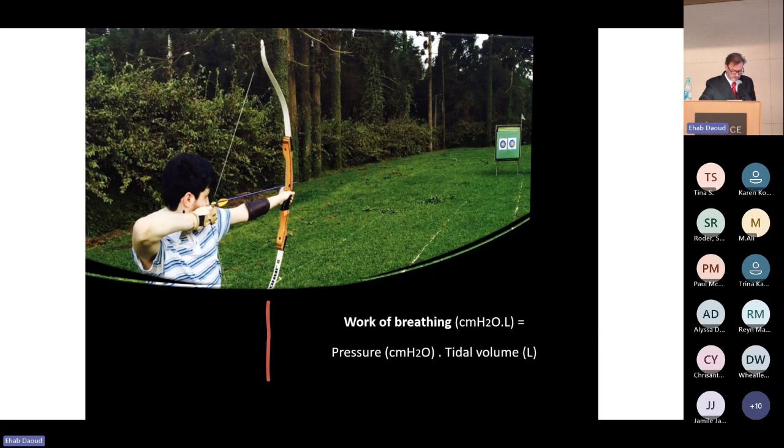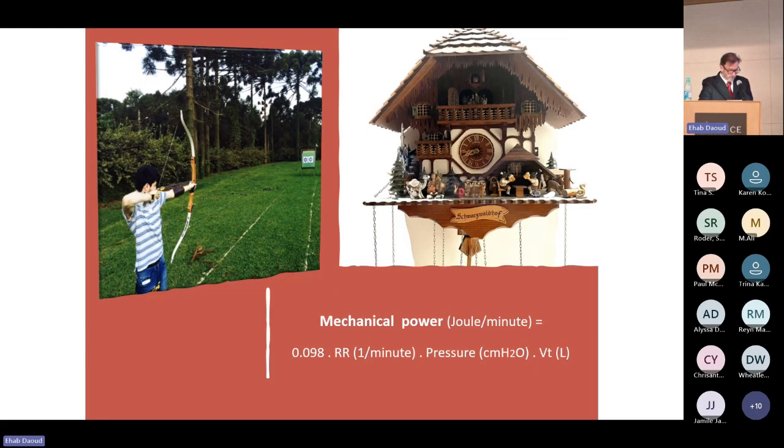To conclude, if you enter with a period of time, in this case 1 minute, you get the power of inspiration. And finally, if you put 0.98 as a conversion factor to transform it into joules per minute, we will get the mechanical power.